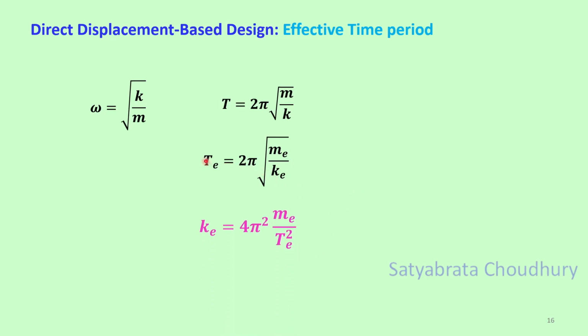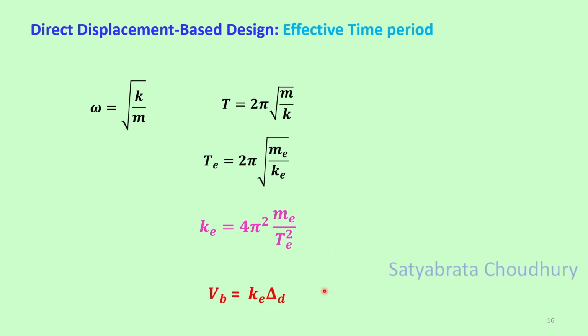Now if I square both sides of this equation, it becomes T squared equal to 4 pi squared Me by Ke. So from here you can easily get the value of Ke. Ke equal to 4 pi squared Me by Te squared. This is the effective stiffness we shall be utilizing again and again in our design.